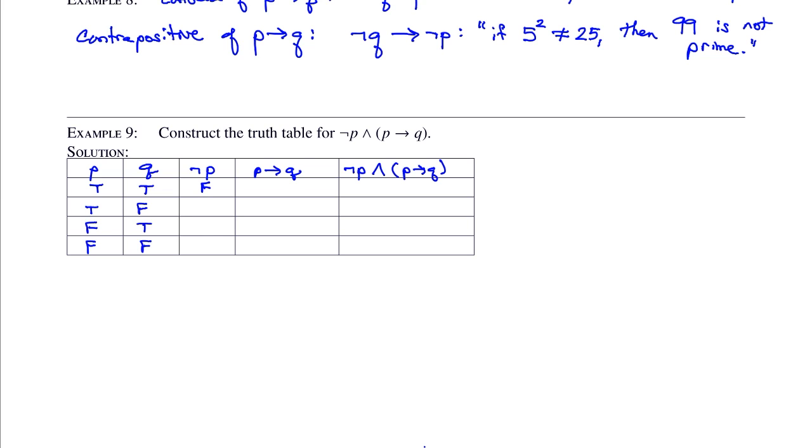And then looking here, true becomes false. Third line, false becomes true. Fourth line, false becomes true. All right, so I just took each of these values in the P column and I negated them to go in the not P column.